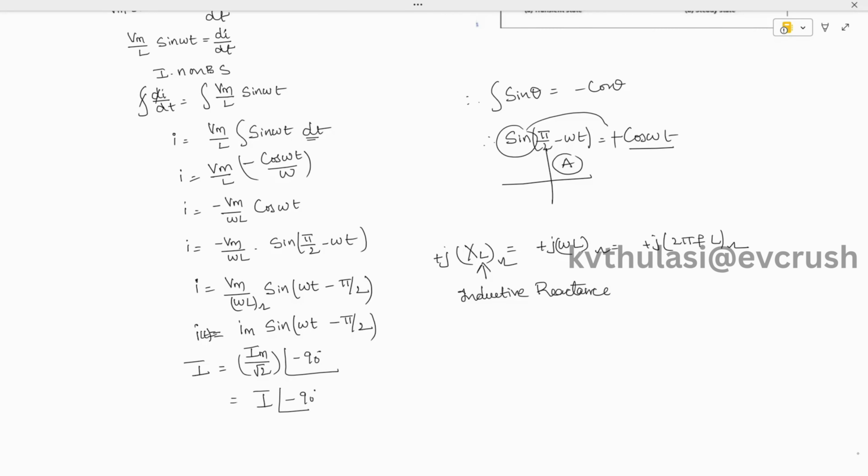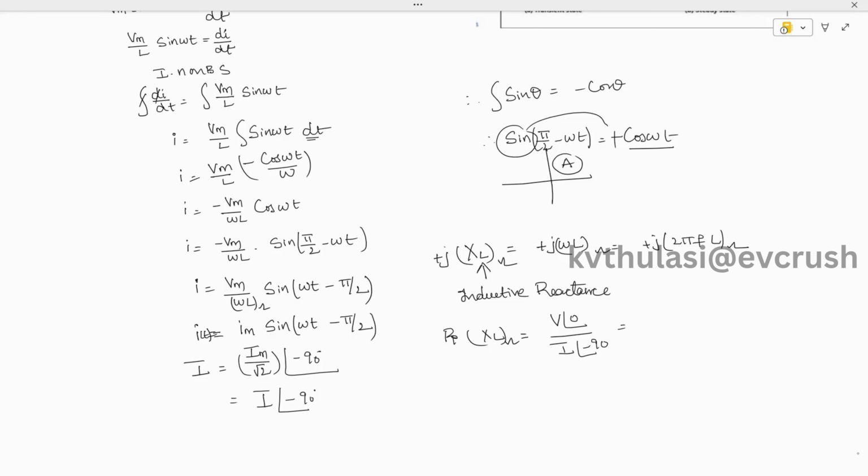Okay, so we are going to define the inductance. We have the formula of R, which is nothing but XL. Why we are getting plus, we'll try to discuss. So XL is equal to V by I. What is the value of V? V at an angle of 0, divided by I. What is the value of current in an inductor? I at an angle of minus 90.